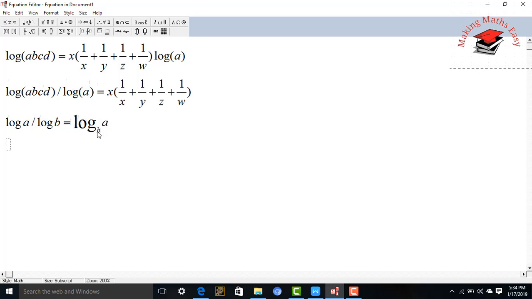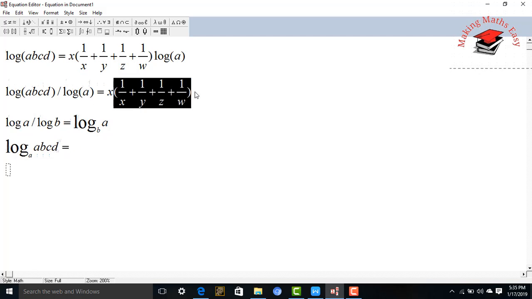So similarly, log of abcd divided by log of a gives me log of abcd to the base of a, which is equal to this.